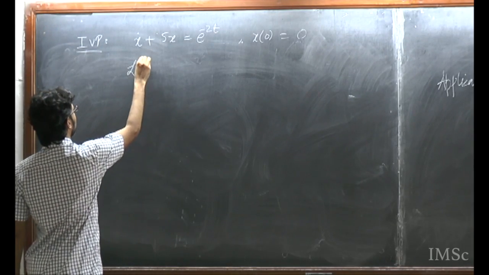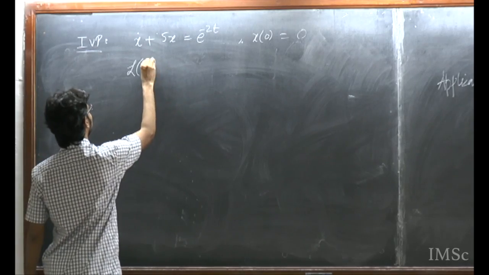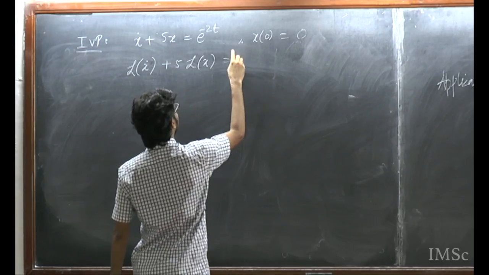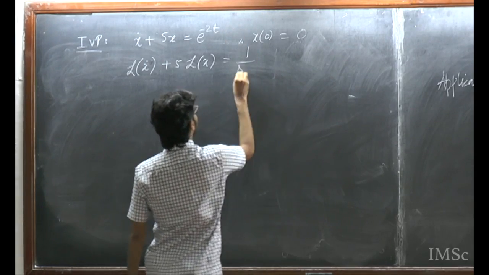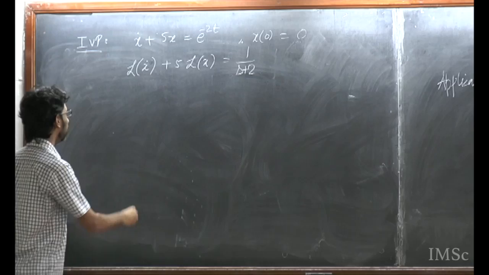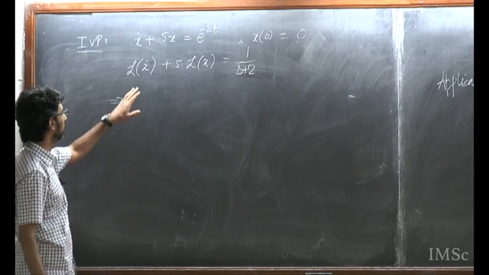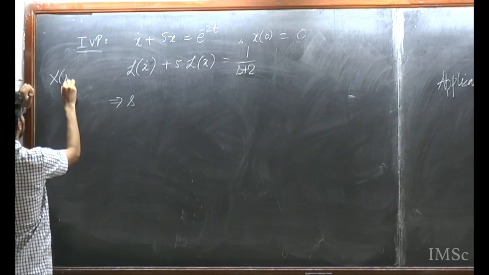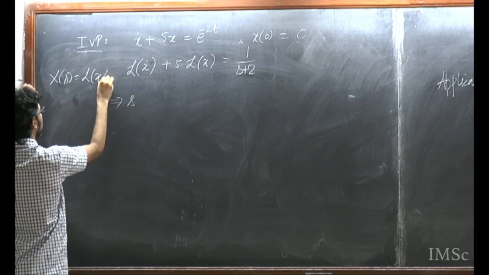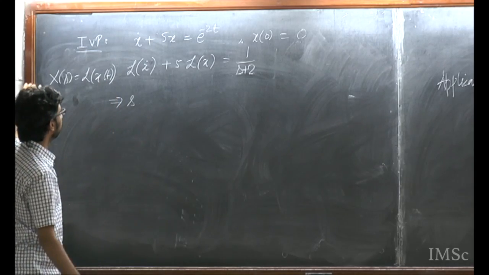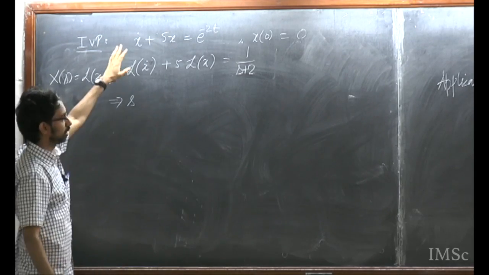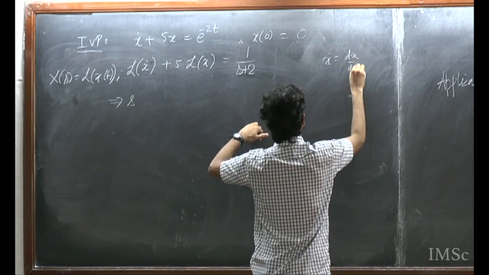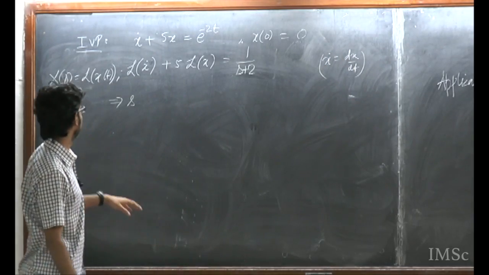Laplace transform of x dot plus 5 Laplace transform of x is 1 over s plus 2. And let me call X(s) the Laplace transform of small x(t). Okay, so x dot is just the derivative dx by dt. I think you all know this notation.